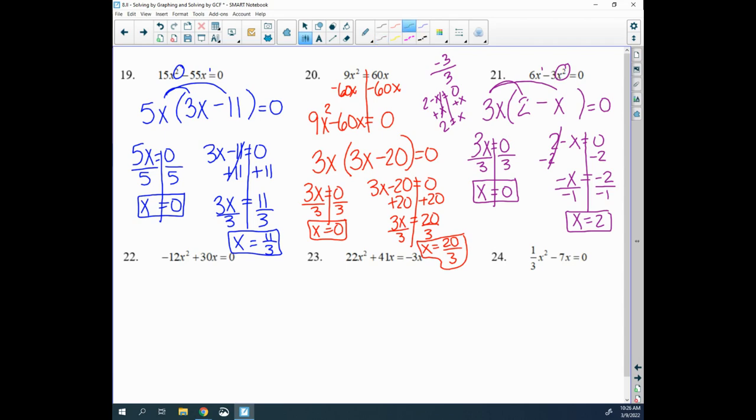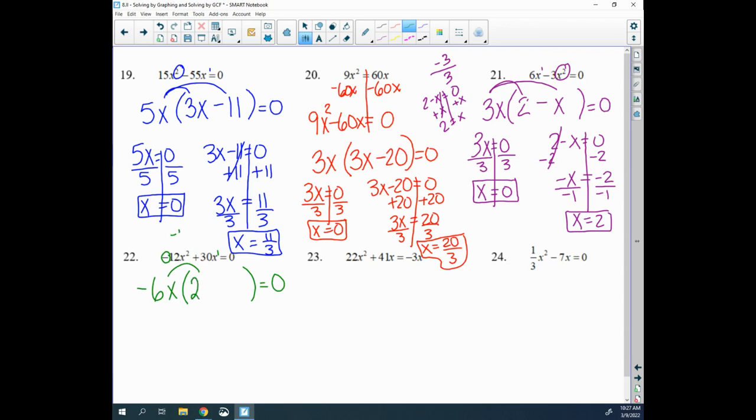All right, 22. What's the biggest number that divides evenly into 12 and 30? Probably 6. Because I see this negative right here in the front, I'm going to go ahead and pull out a negative 6. And then again, you've got 2 x's and 1 x, so we're going to pull out one of them. That part's pretty consistent with these today. All right, negative 6 times what would give me negative 12? Positive 2.